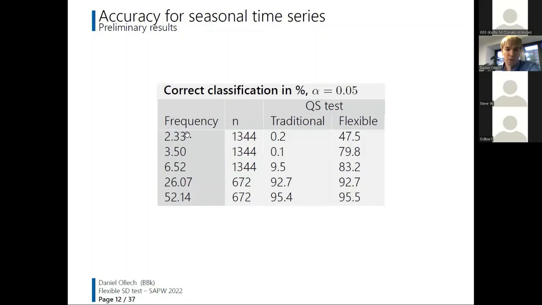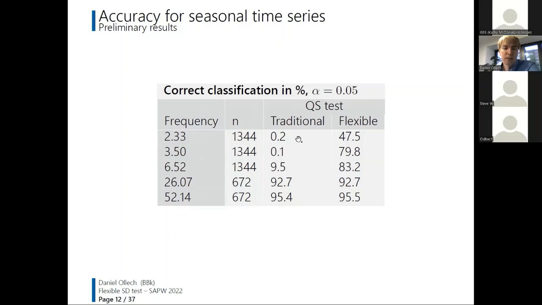And so just some integer and non-integer frequencies that we're looking at. 52.14 is 365 divided by 7, so a weekly series, a 2-weekly series, an 8-weekly series. And so if we have had 3.5 days per week and so on.